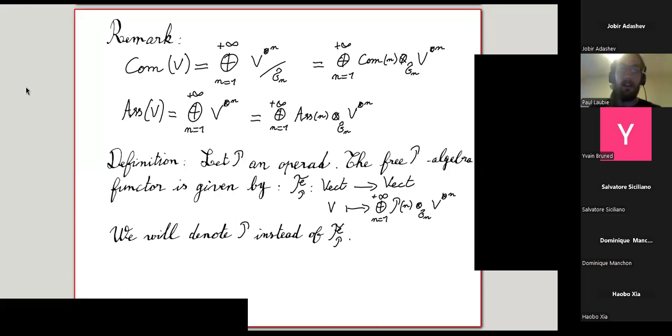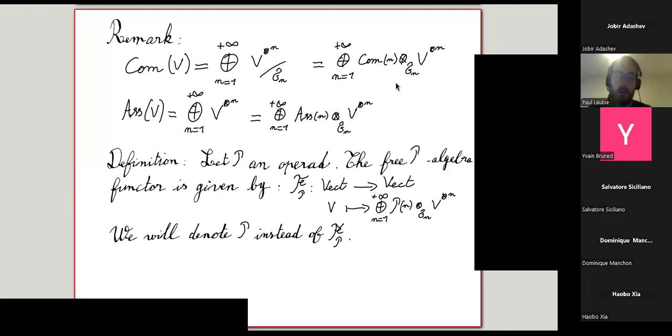And the free associative algebra, well, it is the direct sum of the nth tensor power of V without any quotient. Here I start at n equal to 1 because I'm considering non-unital algebras, since it doesn't always make sense to speak about unitary algebras over an operad.